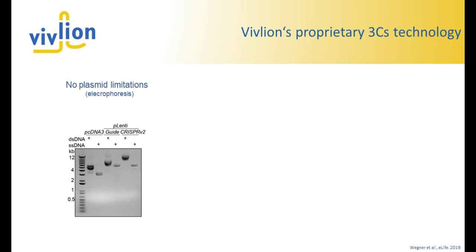We used pcDNA3 as a positive control, and I hope you appreciate that the pcDNA3 double-strand form runs as a doublet or triplet band, and the single-stranded form migrates much faster as a single band. Likewise for two conventionally used CRISPR-Cas plasmids, pLentiGuide and pLentiCRISPR version 2, in double-strand as well as single-strand form, demonstrating that we can efficiently generate single-stranded DNA of those plasmids.